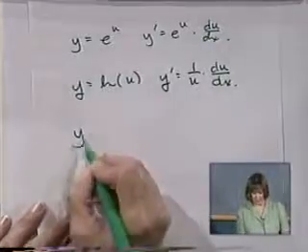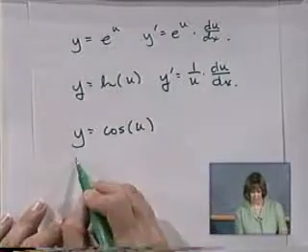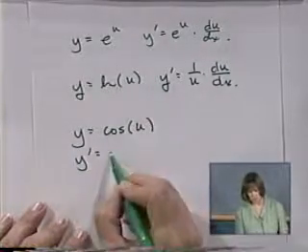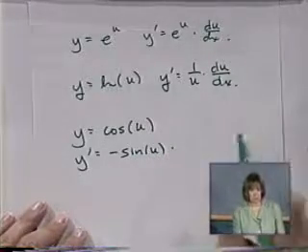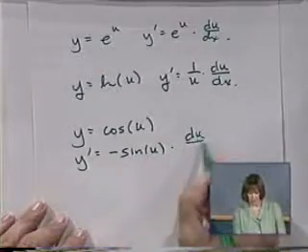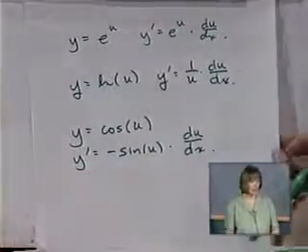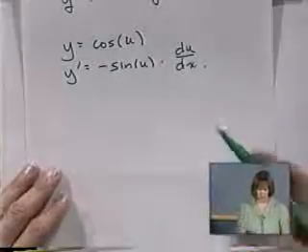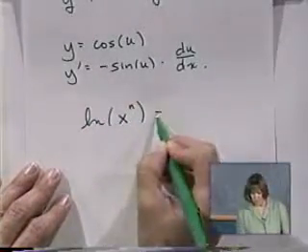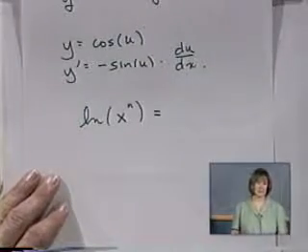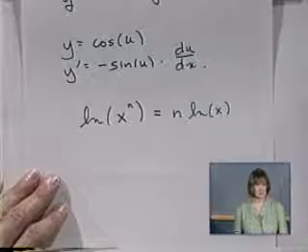And lastly, if you have, I don't care what the trig function is, let's just make it be cosine in this case, your y prime, the derivative of cosine, yes, is minus sine, but a lot of my students forget to multiply by the derivative of what's inside. So we just have to remember how to do that. Also, it's sort of nice with logarithms to remember, when you have a log of x to a power, can you simplify that? Sure, you can bring down your power and do this, can't you?